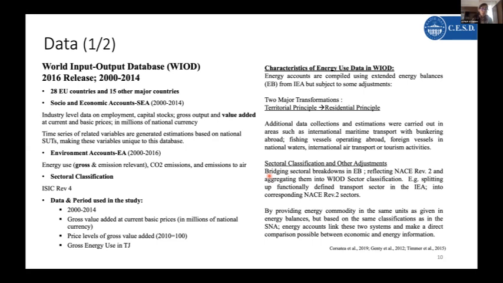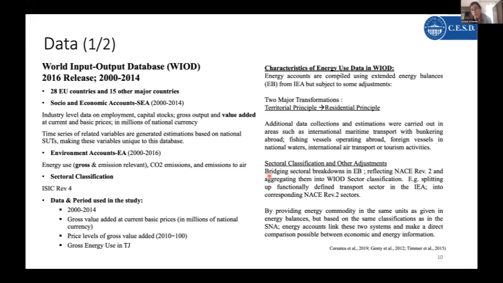So I used the World Input-Output Database to carry out this analysis. The main reason is the environmental accounts, which include the energy data as well. The energy data in this database have two major transformations.